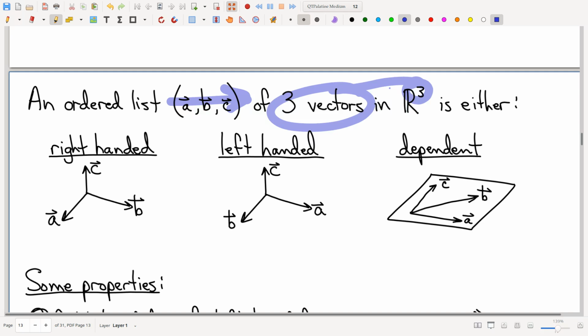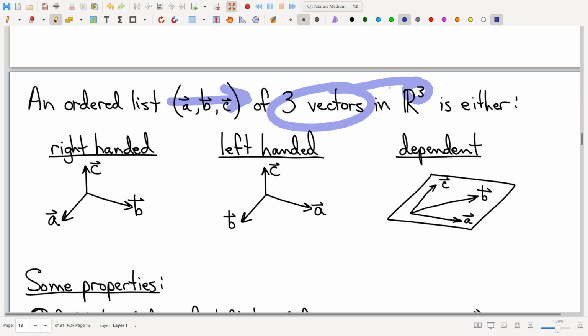Claim this is a right-handed list right here because A, first vector, first finger, index finger. B, second vector, middle finger is the second vector. And then check it out, my thumb can totally point in that C direction. Everybody good? Okay. Now I can try to do this with my left hand. Okay, all right. So I can point my left hand index finger in the direction of A, and it looks like I'm in trouble with B, but not really.